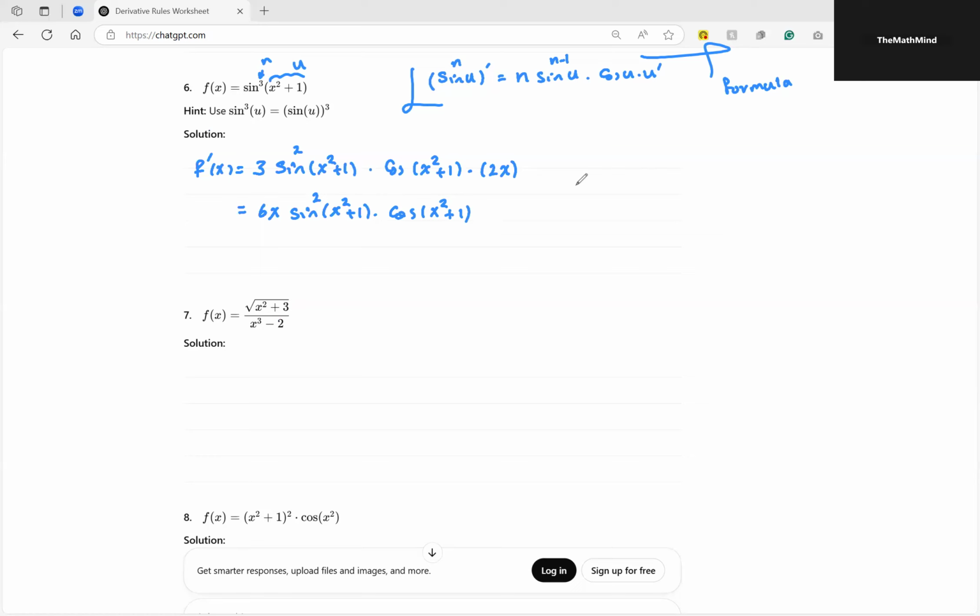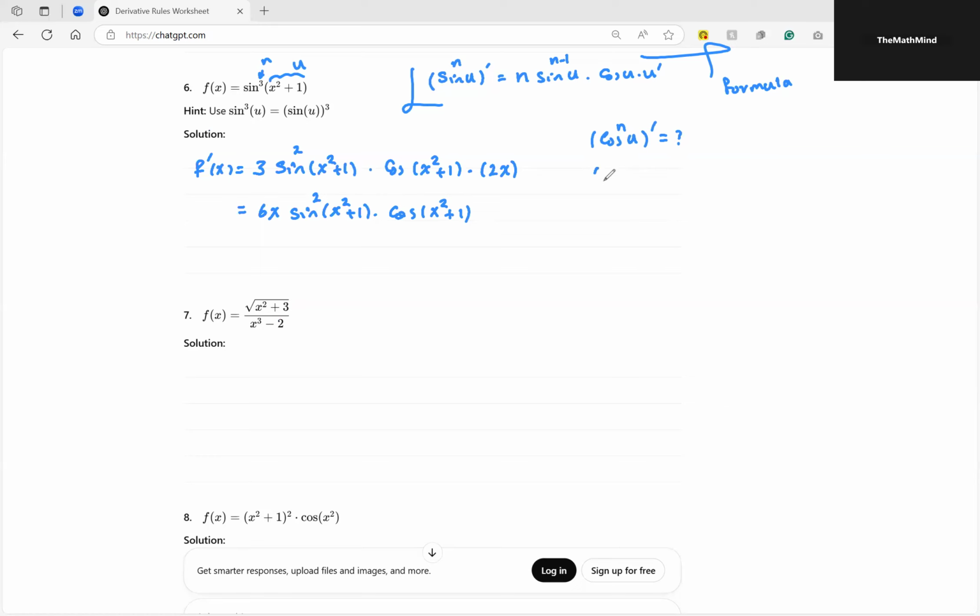So just as an example, or for your practice, you can try to find the derivative of these formulas here. For example, try to find the derivative of cosine u to the power of n.